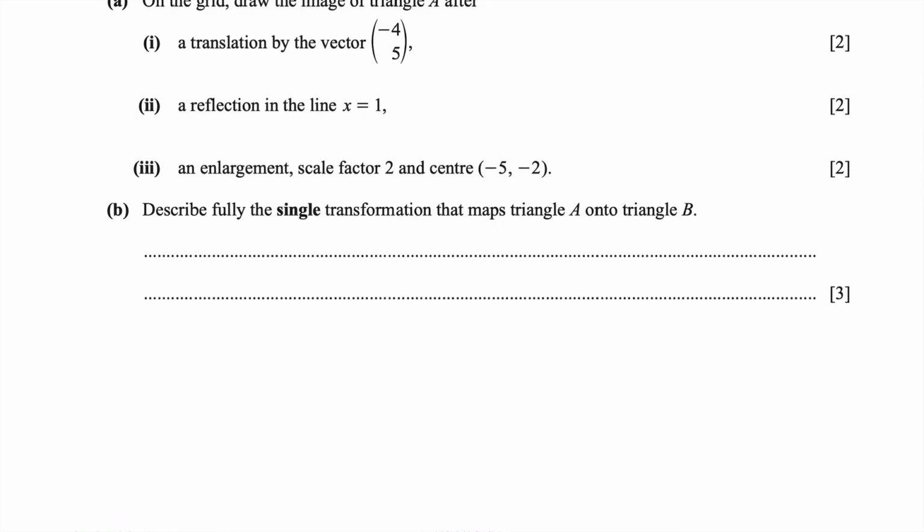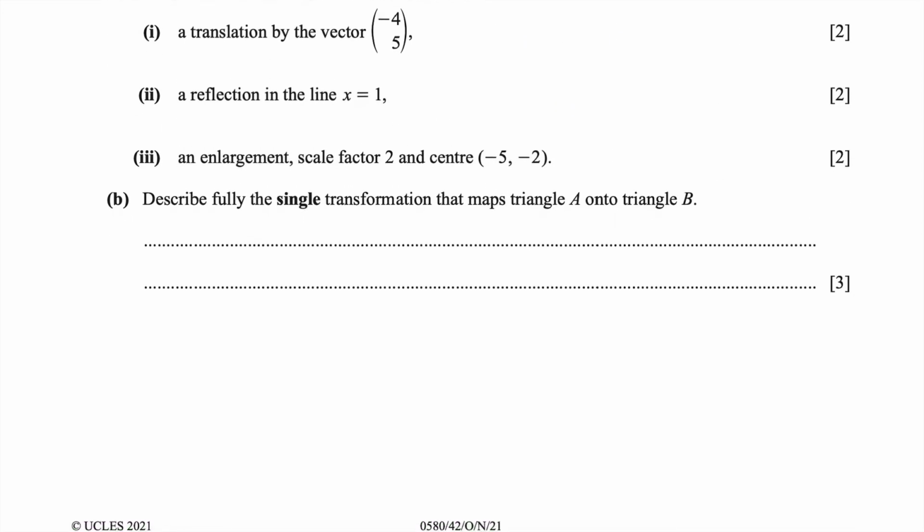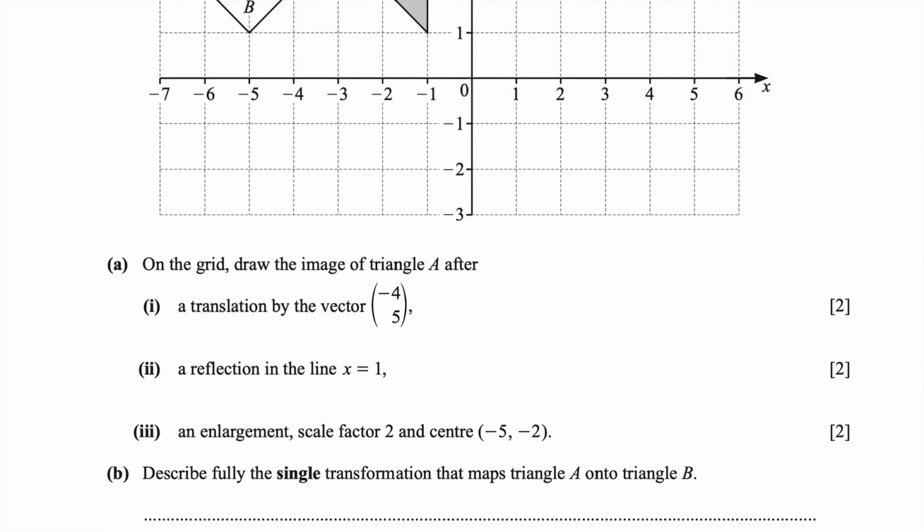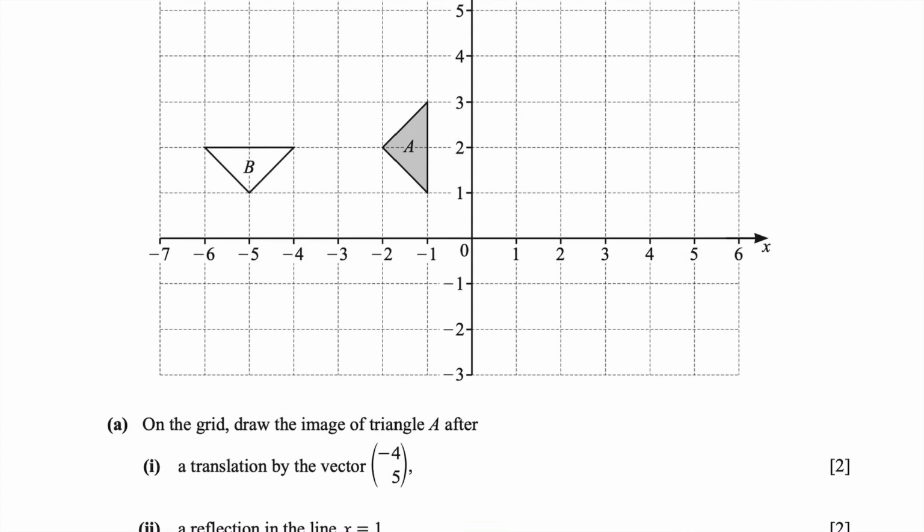Now B. Describe fully the single transformation that maps triangle A onto triangle B. Okay, so triangle A and B are given, and we want to find out which transformation maps it. So in this shape, if I am rotating around here and the shape comes like this, what is the angle?